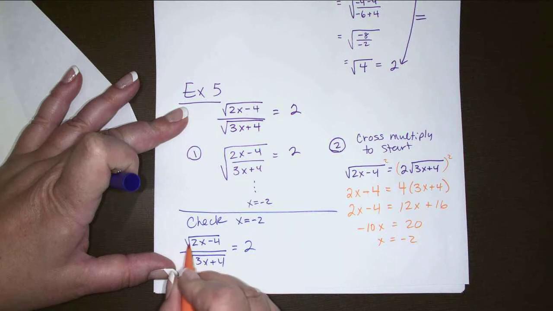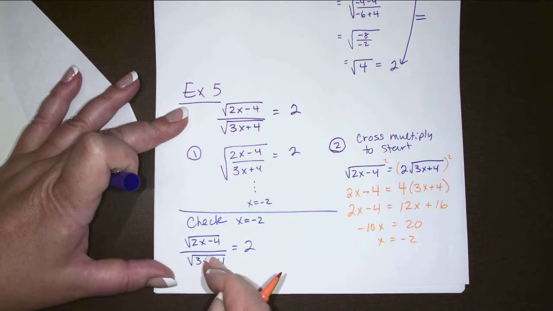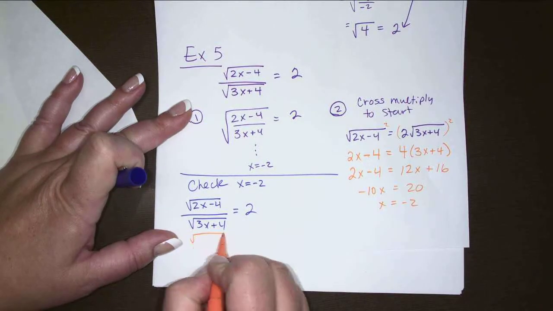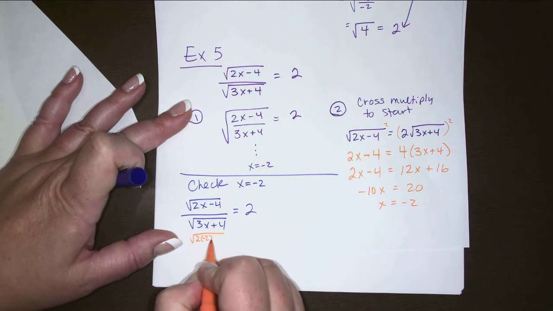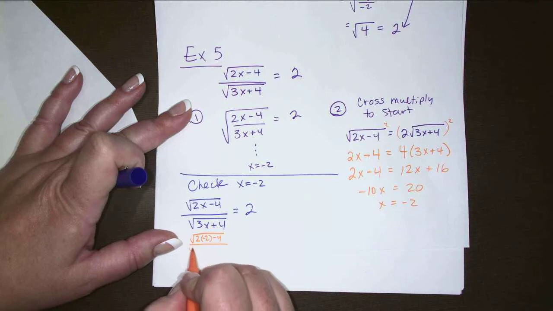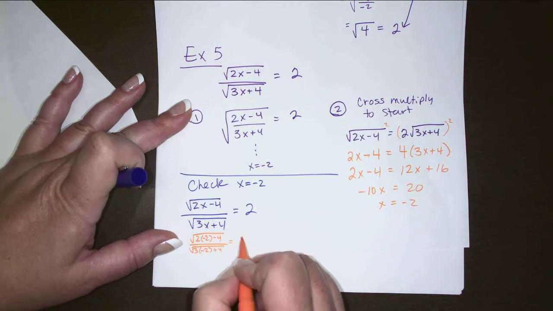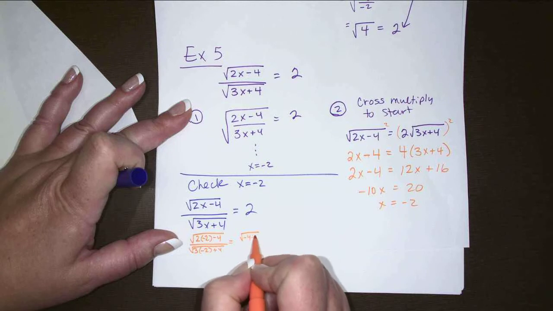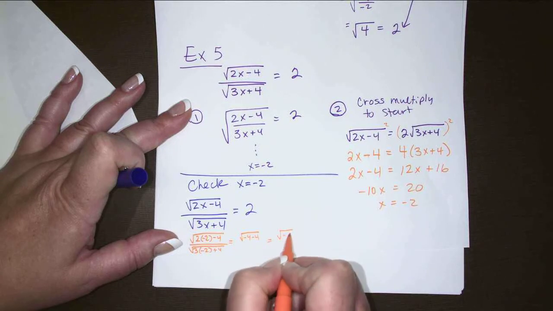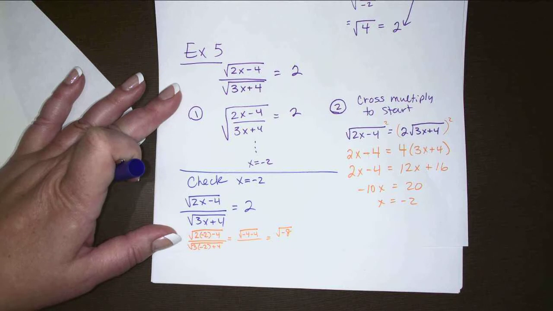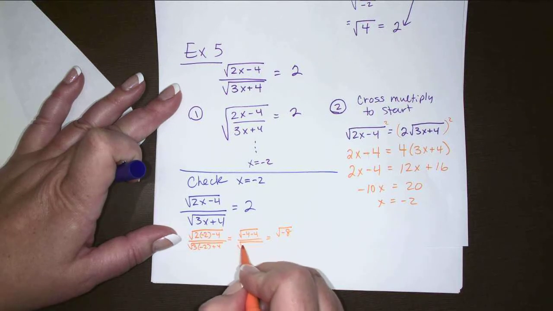Yeah, the square root is just for the top and just for the bottom separate in the beginning. And when we put that negative 2 in, we'll have 2 times negative 2 minus 4. We end up with the square root of negative 4 minus 4, which is the square root of negative 8. Already we can stop, it doesn't work. We get a square root of a negative. On the bottom will also be negative.